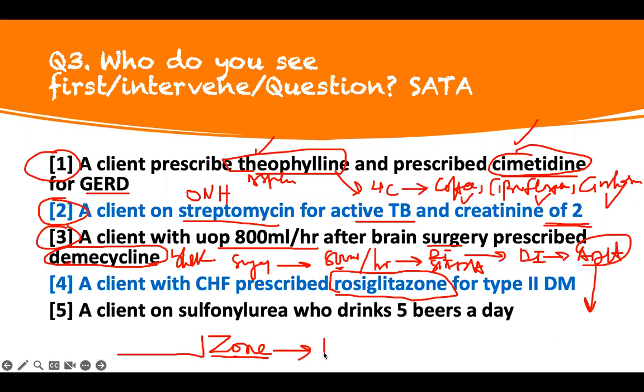It causes fluid retention and it leads to heart failure. It can cause MI. So these medications are very good diabetes medications, but they have serious side effects. So the zones, when you see a medication with the last name of zone that is given to a diabetic patient, worry about CHF and MI.